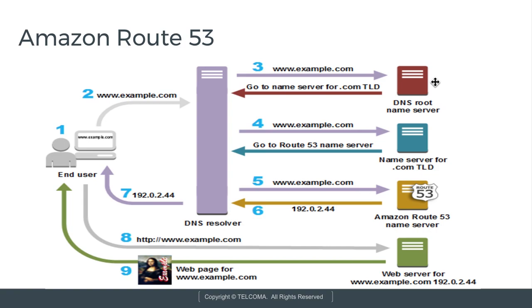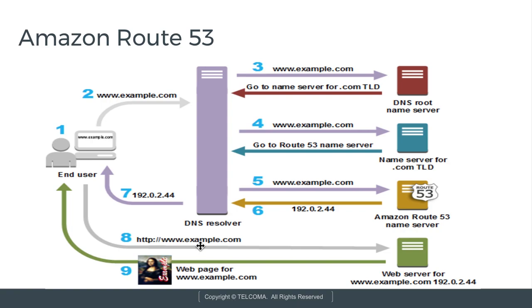The DNS resolver for the ISP forwards the request for www.example.com again, this time to the top level domain name servers for .com domains. The name server responds with the names of four name servers associated with example.com, which are the Route 53 name servers.